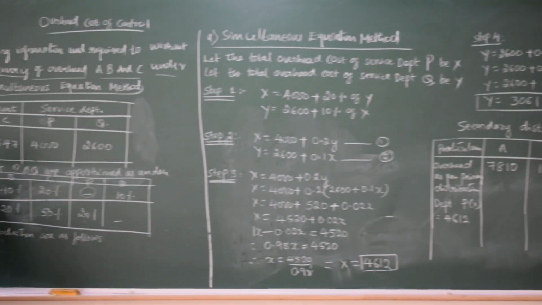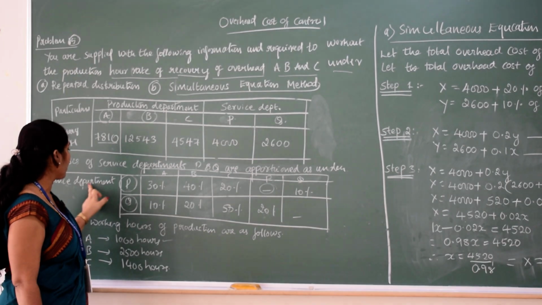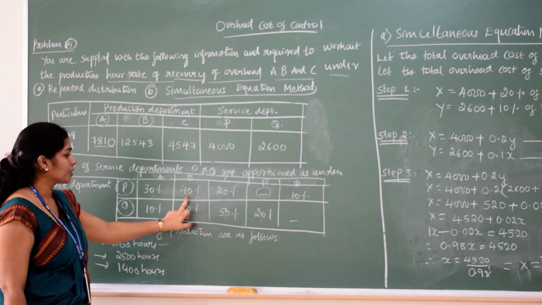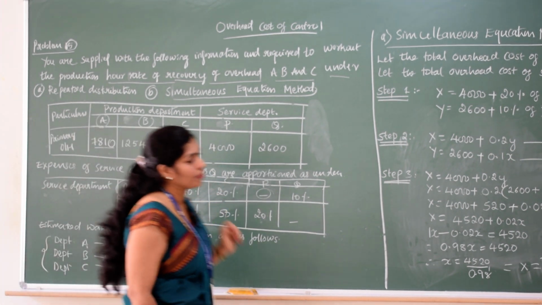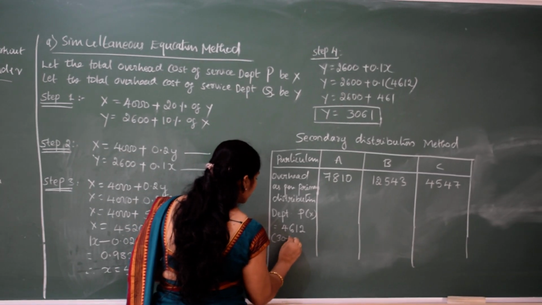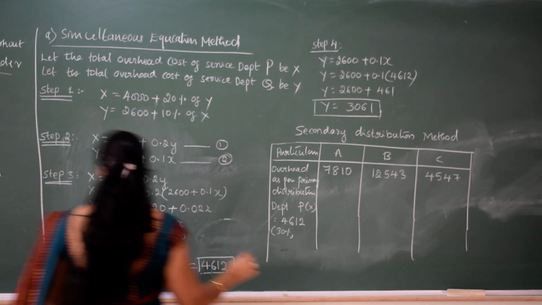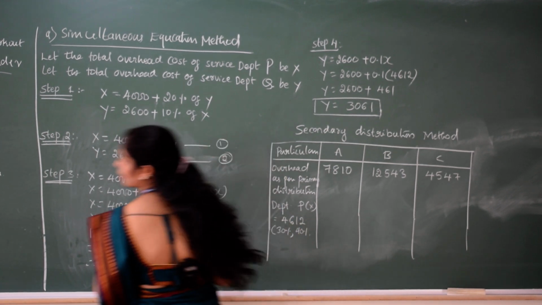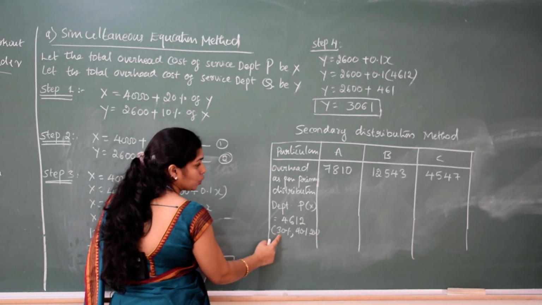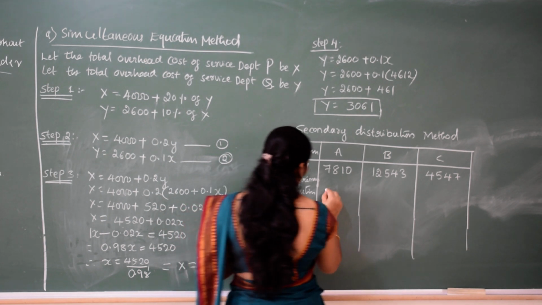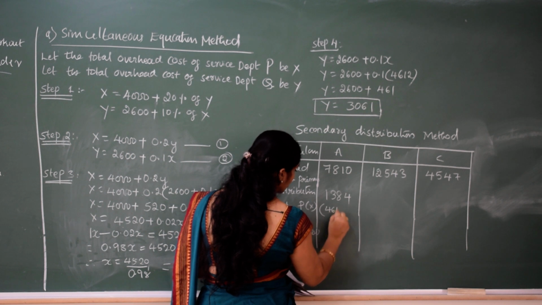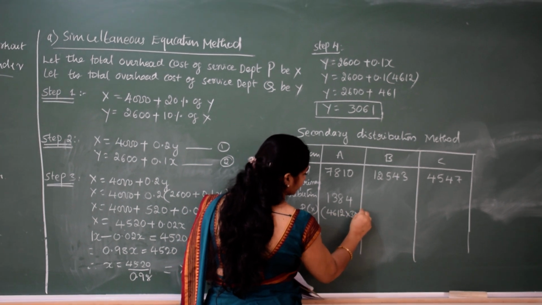For the service department P, 30% to department A, 40% to B and 20% to C. So 4,612 into 30% comes to 1,384. Is it clear?